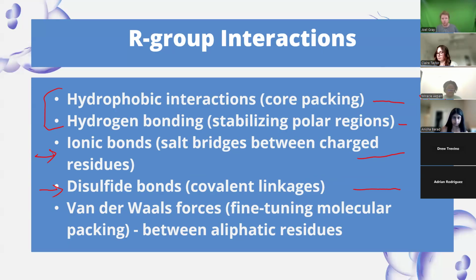Those two can interact with one another. Serine and threonine both have a hydroxyl group on the R group. Ionic bonds. Here we want to pick one amino acid that can be a cation and one that can be an anion. Our polar positive residues like histidine and a polar negative residue like glutamic acid. Disulfide bonds, well, that is just cysteine and cysteine.